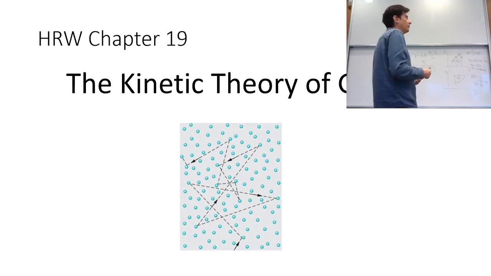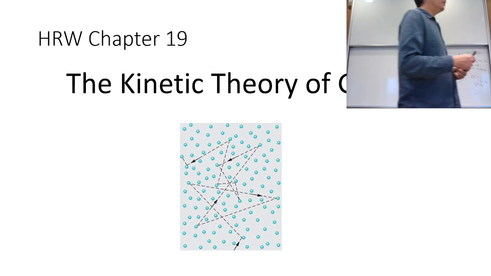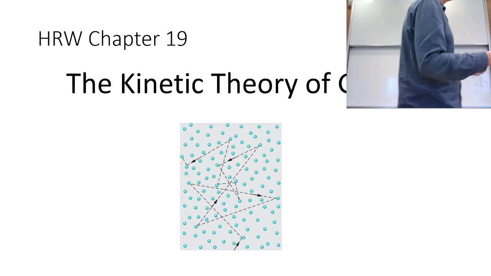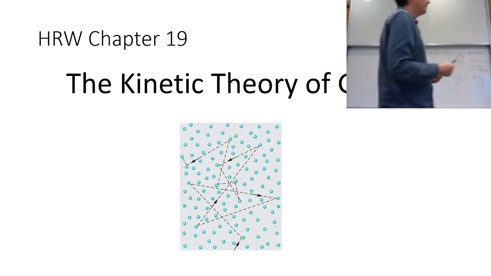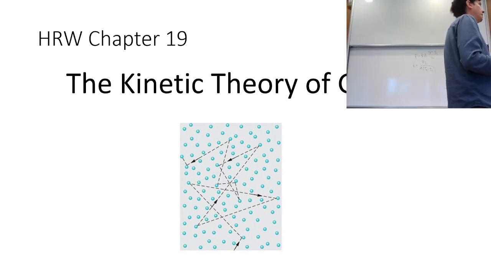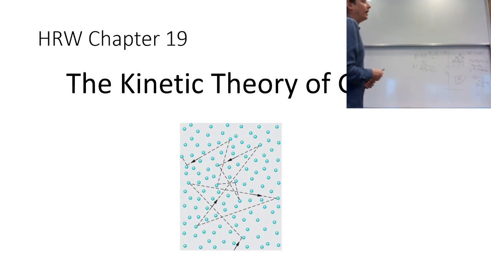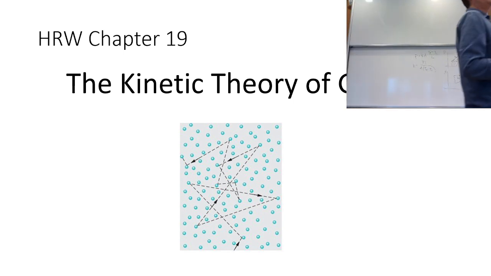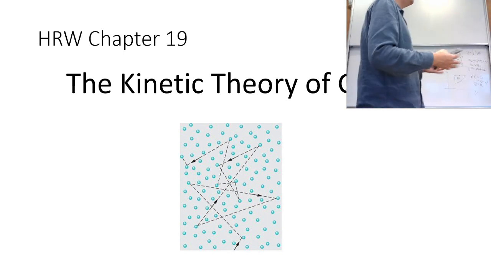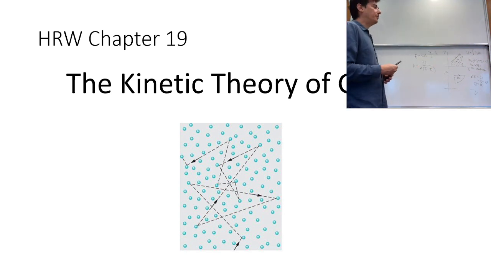People suspected it for a long time, but weren't absolutely sure of it until maybe the latter part of the 19th century. So this chapter is talking about this more microscopic perspective, that gases are in fact made up of a bunch of atoms.